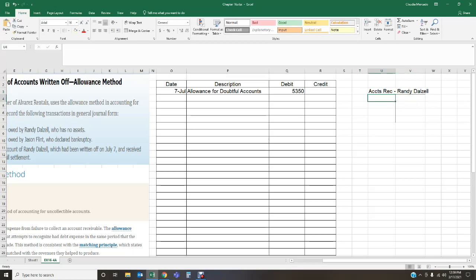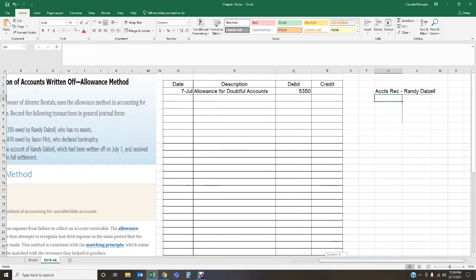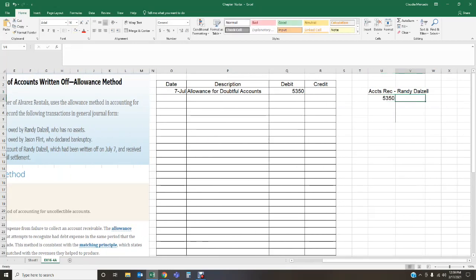Randy currently has a balance of $5,350. This is the balance that we have sitting in my accounts receivable for Randy. What that tells my financial statement users is that I expect to collect $5,350 from Randy. Well, that ain't gonna happen.